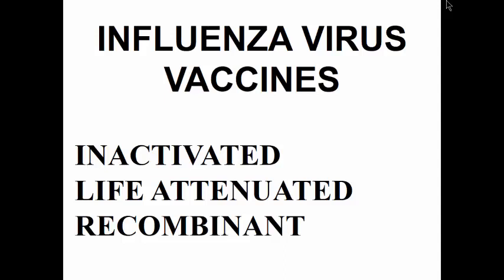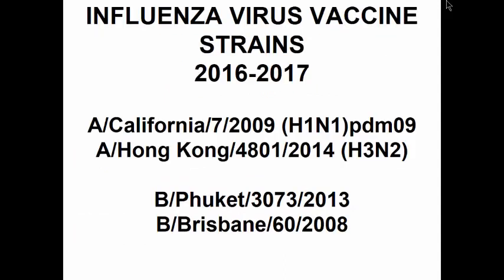Now, the complexity of the influenza virus vaccine can be easily seen in terms of what are the components at the present time. This is 2016-2017, and so we have an H1 component, we have an H3 component, and we have 2 different influenza B virus components.